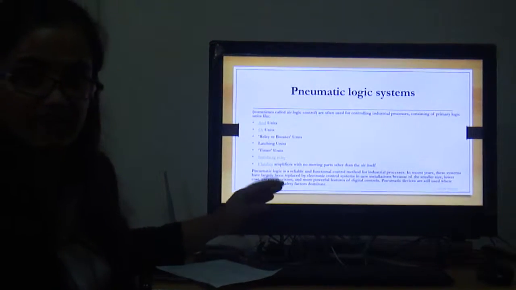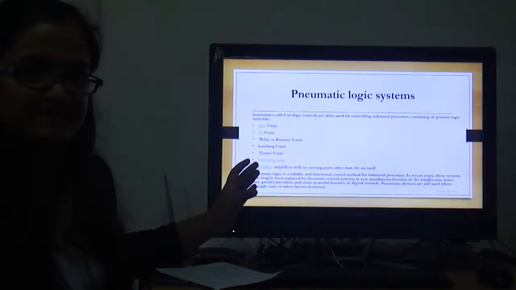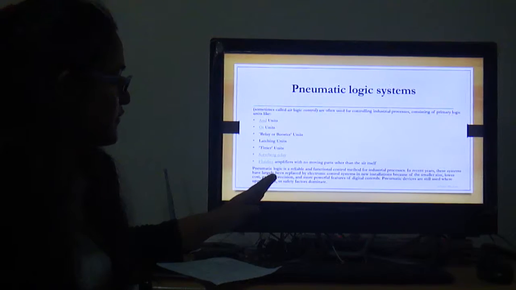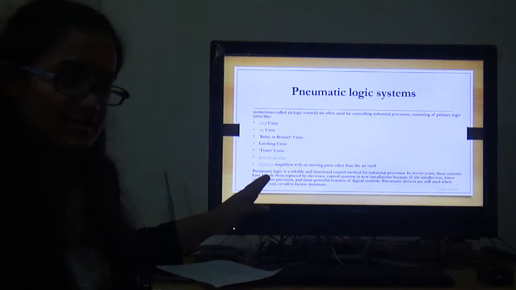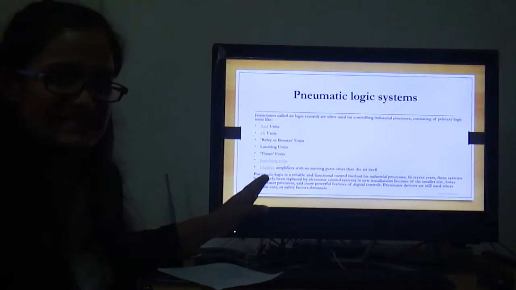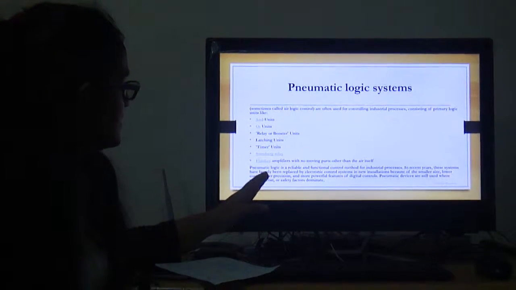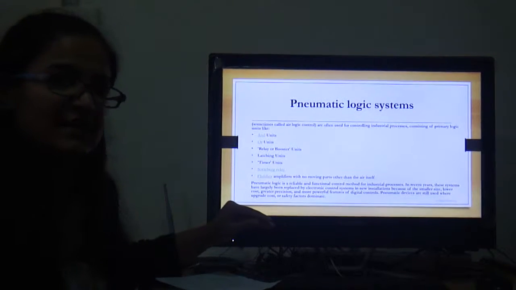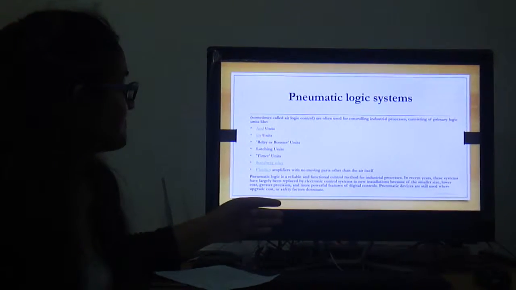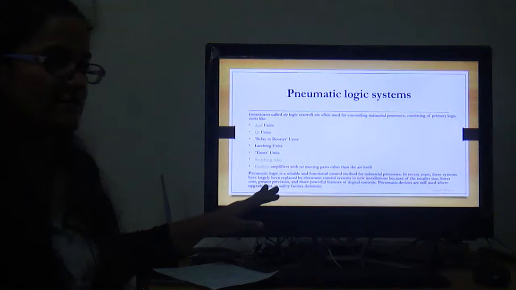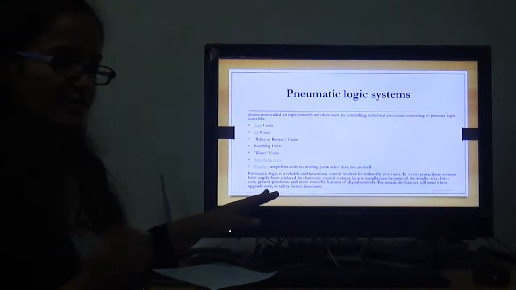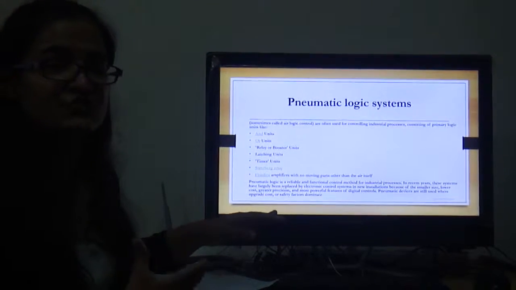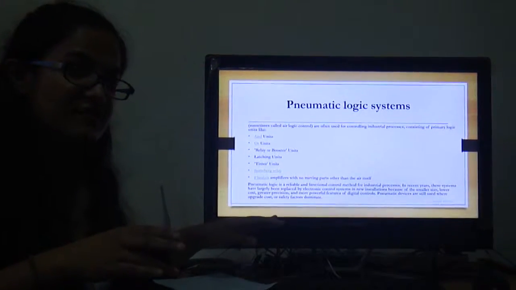I won't go into detail about these gates and the function of logic systems, but I'll just say that this method will be used in industries. It's being used, but not vastly, and these are replacing the electrical systems, since these are really small and they cost less. So that's why I'm saying that these are pretty soon going to take over the electrical systems of pneumatic systems.